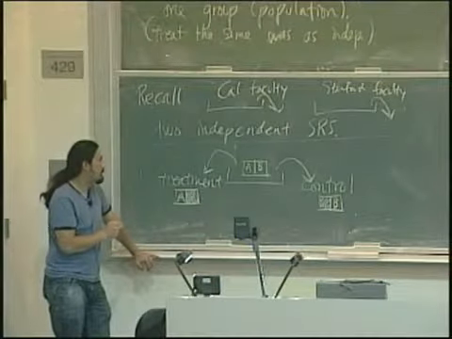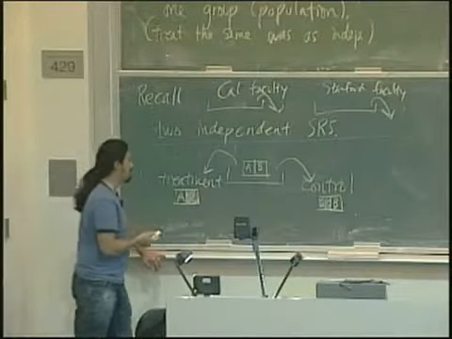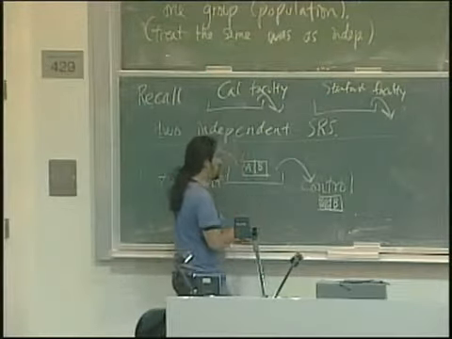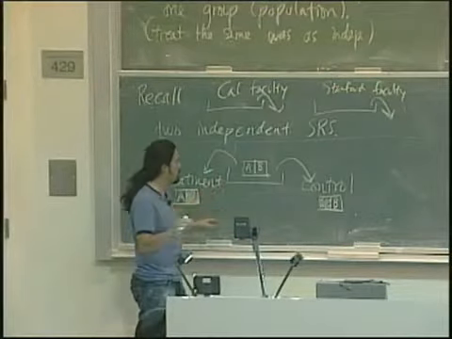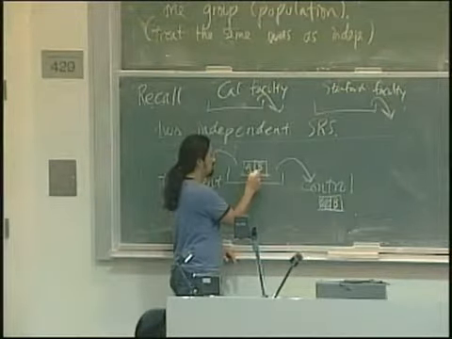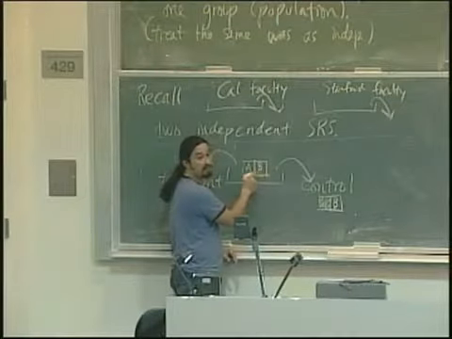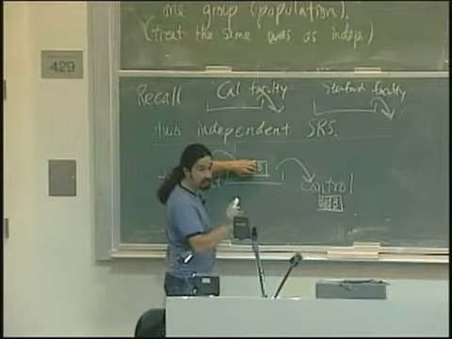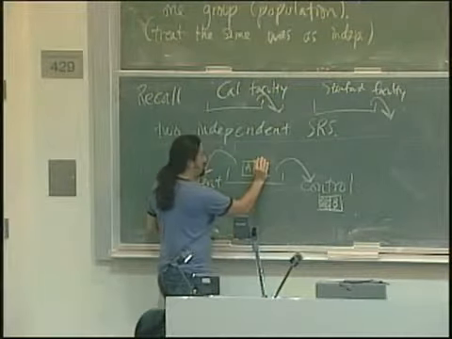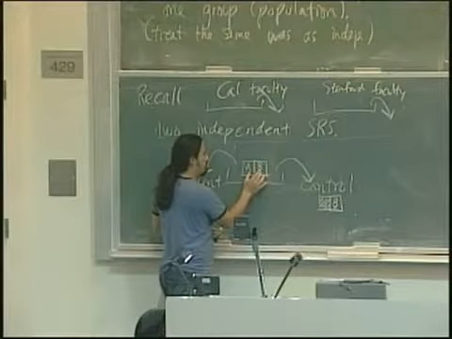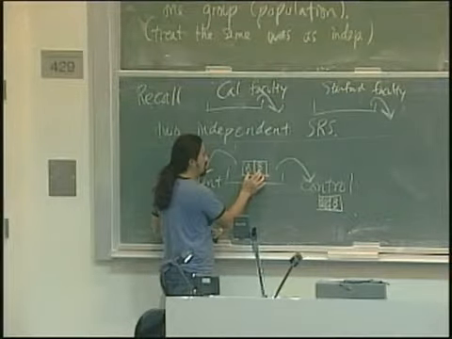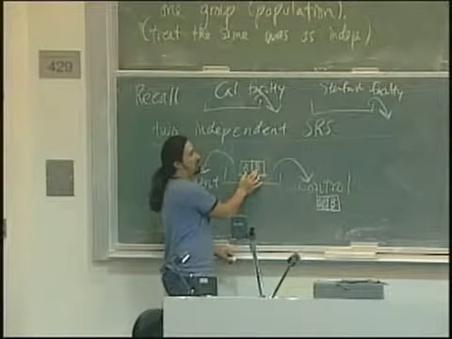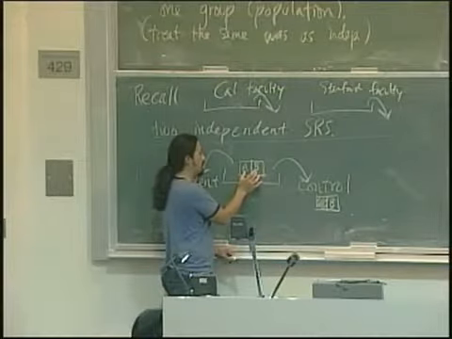Now, a stronger statement might be that if the treatment truly does nothing, then you might expect the A's to always be the same as the B's, because the B represents what happens if you put them in the control group, and the A represents what happens if you give them the treatment. So intuitively, you might say those two numbers have to be the same for everybody.